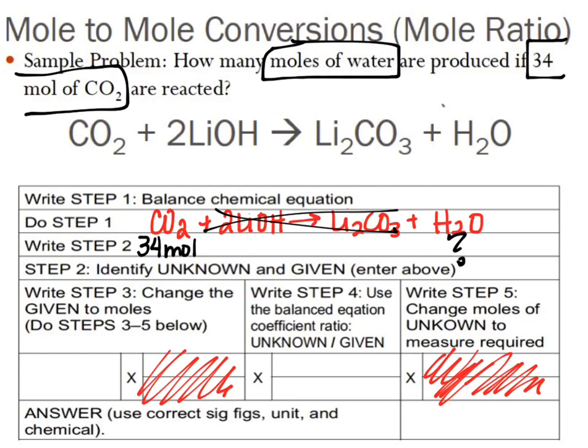I care about the two things that I have my information written under. Everything else doesn't matter. So the very first thing says to change your given to moles. Well, we're already in moles, so we're just going to write our given here. 34 moles of carbon dioxide.